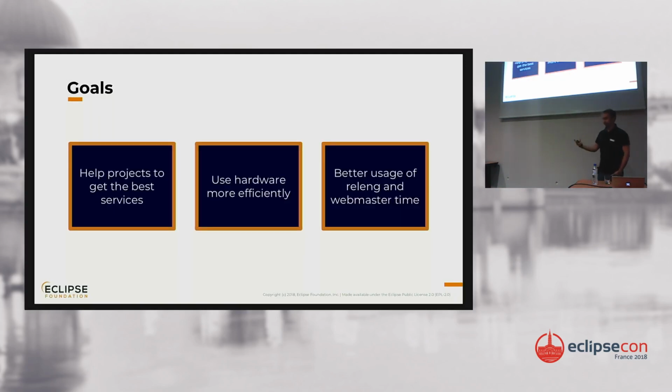So if I sum up the goals of this migration to a new infrastructure, of course we would like to offer the best services to our projects. We want to use our hardware more efficiently, especially because we are onboarding a lot of new projects with the incoming of Jakarta EE.